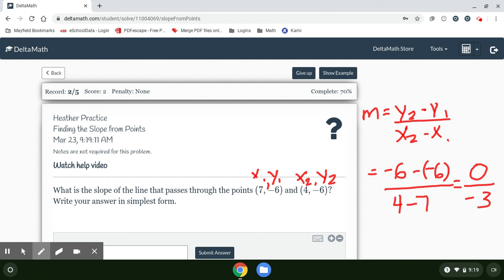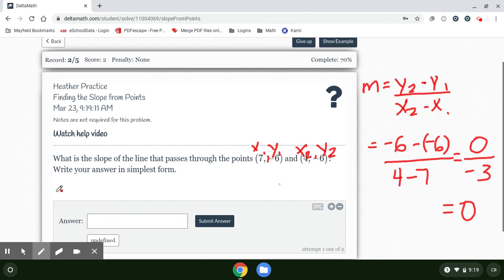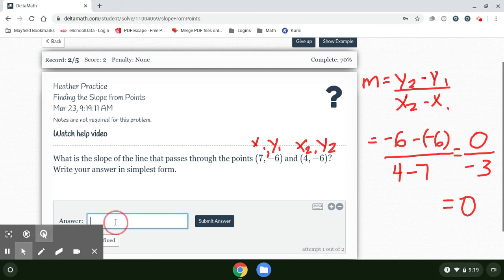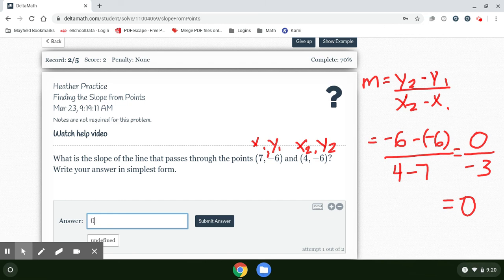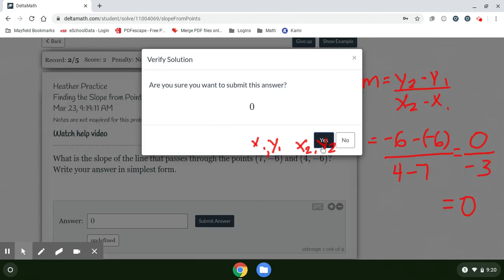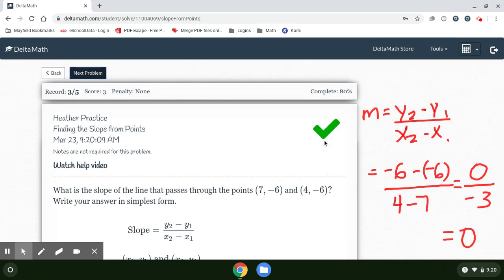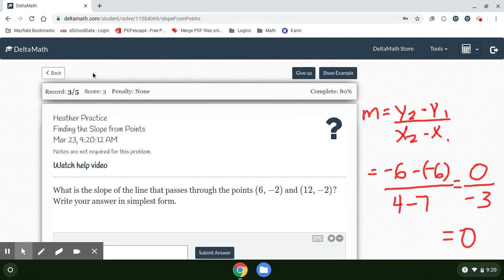I can use the calculator, but 0 divided by anything is 0. Let me go back down to my spot, type in 0, hit submit answer. Okay, do one more.